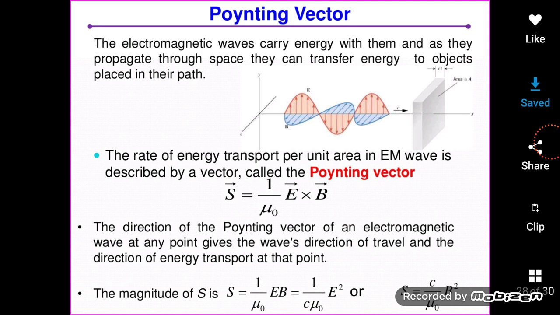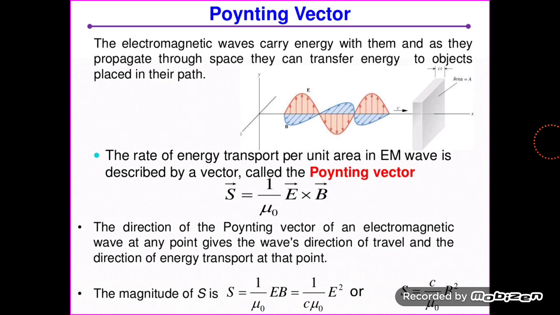The rate of energy transport per unit area in electromagnetic waves is described by a vector called the Poynting vector. It is represented by S vector and is equal to 1 by mu naught of E cross B. The direction of the Poynting vector of an electromagnetic wave at any point gives the wave's direction of travel and the direction of energy transport at that point.